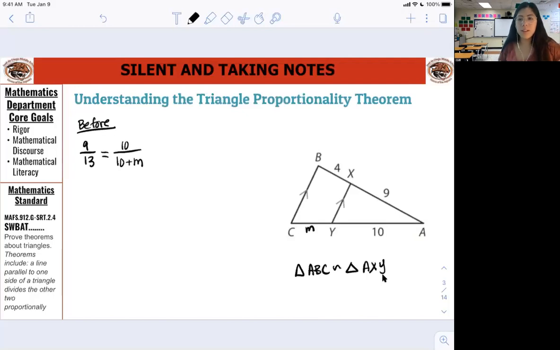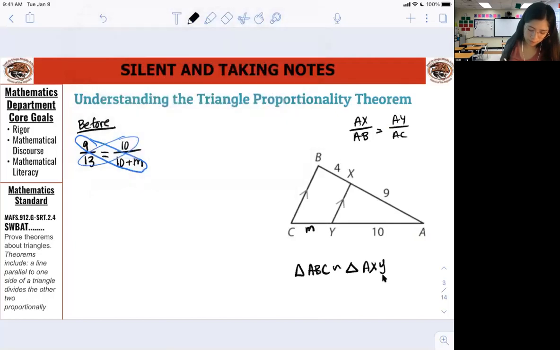Good. 10 over 10 plus m. So all we did was AX over AB is equal to AY over AC. So there's our proportion. Let's go ahead and solve it. We cross multiply. We get 9 times 10 plus m is equal to 130. Now we distribute and get 90 plus 9m equals 130.